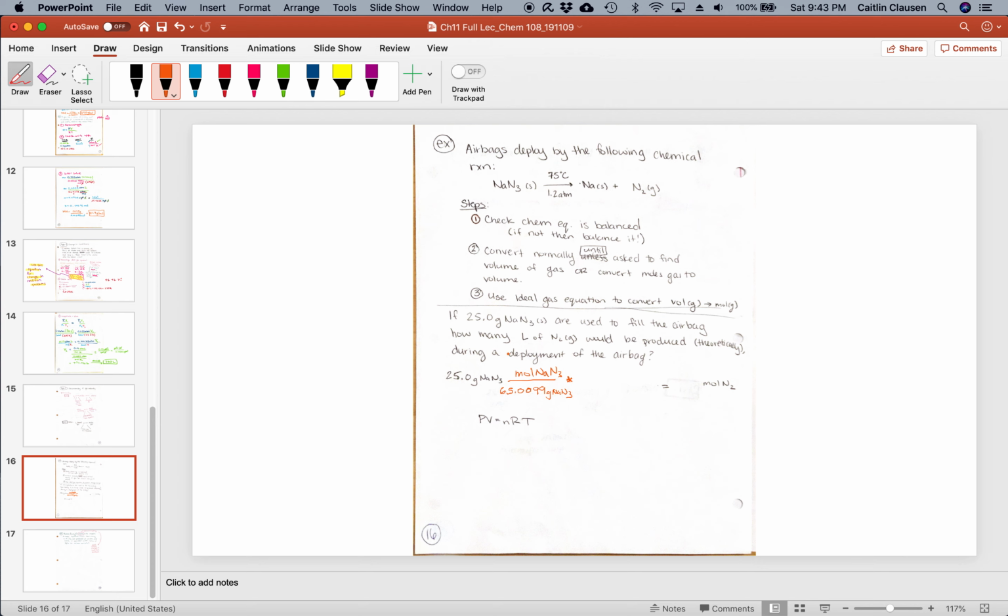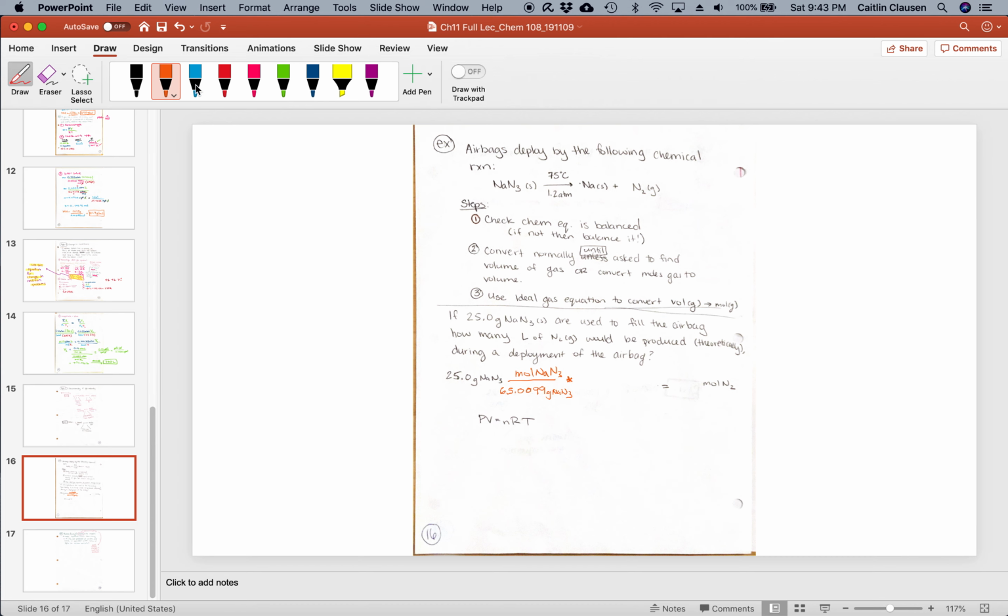Alright, I got moles of my reactant, but we're trying to find the amount of our product. Well, we've got to use the mole conversions from the balanced chemical equation. Let's double check if this is balanced. I got 1 sodium on the reactant side and 1 on the product side, 3 nitrogen on the reactant side, and 2 nitrogen on the product side.